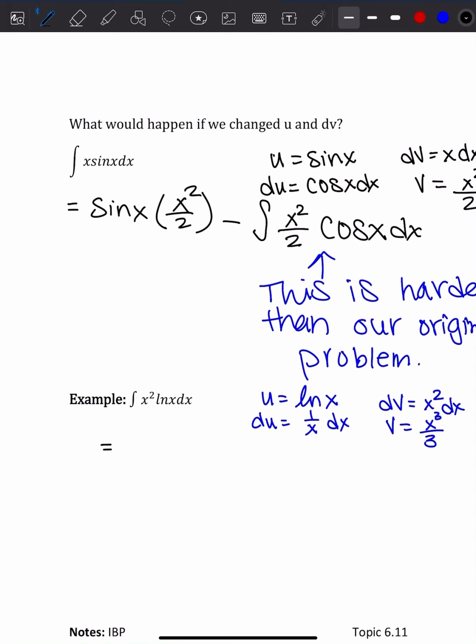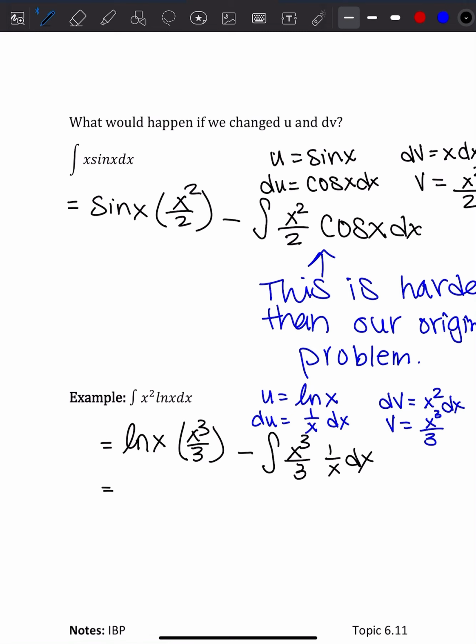So we have ultraviolet, so u times v minus the integral of v du. So we have 1 over x dx. Okay, right now this doesn't look very nice, but we're going to do some steps to try to simplify it.